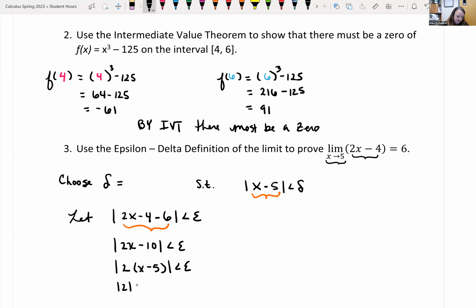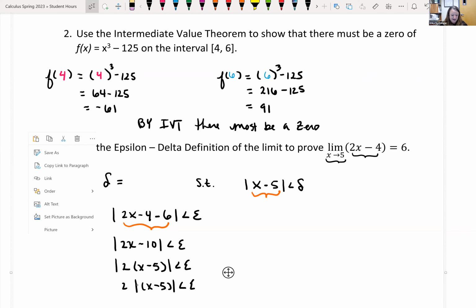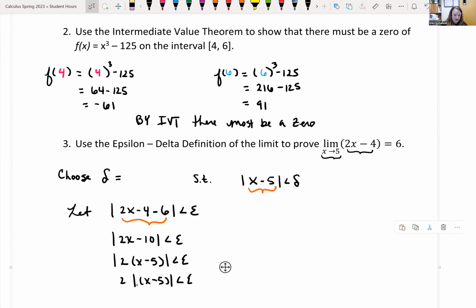Well, absolute value of a product is equal to the absolute value of the first times the absolute value of the second. So absolute value of 2, I don't really need the absolute value there anymore because absolute value of 2 is 2. And so we could divide both sides by 2.